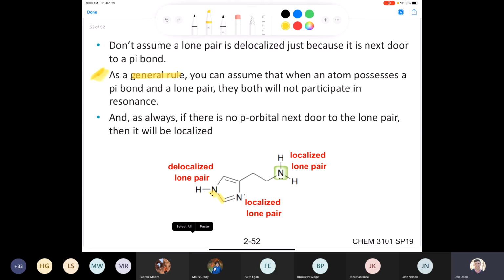Lone pair, single bond, double bond. So that one is delocalized. It is involved in resonance. This lone pair here is not involved in resonance. Why? It's because the culprit is this right here, the pi bond on the nitrogen. So there's already a p orbital that's involved in the pi bond. And so that lone pair is not going to be involved in resonance.